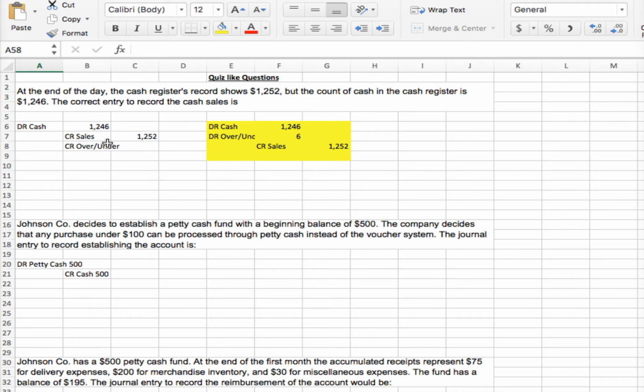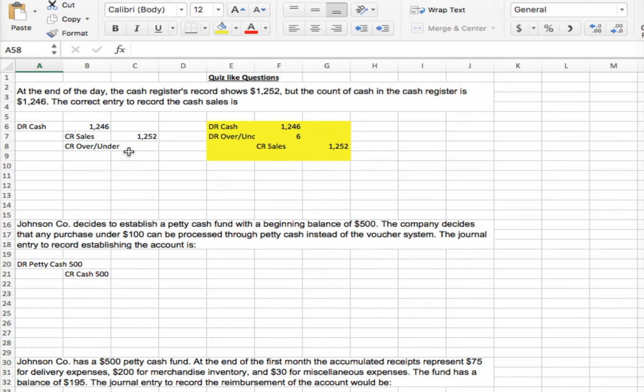Are we going to debit or credit the over-under account? If we have too much cash, then we're going to credit the over-under account for whatever the excess cash is. If we have not enough cash, then we're going to debit the over-under account for the difference.